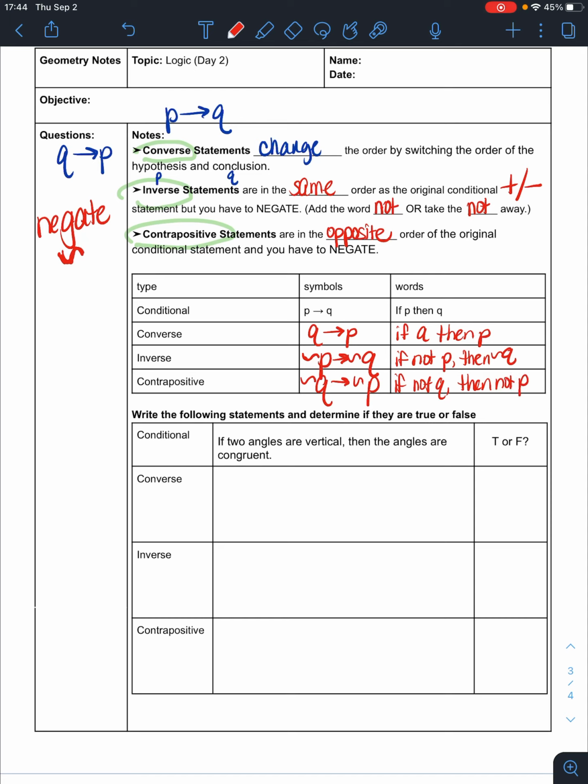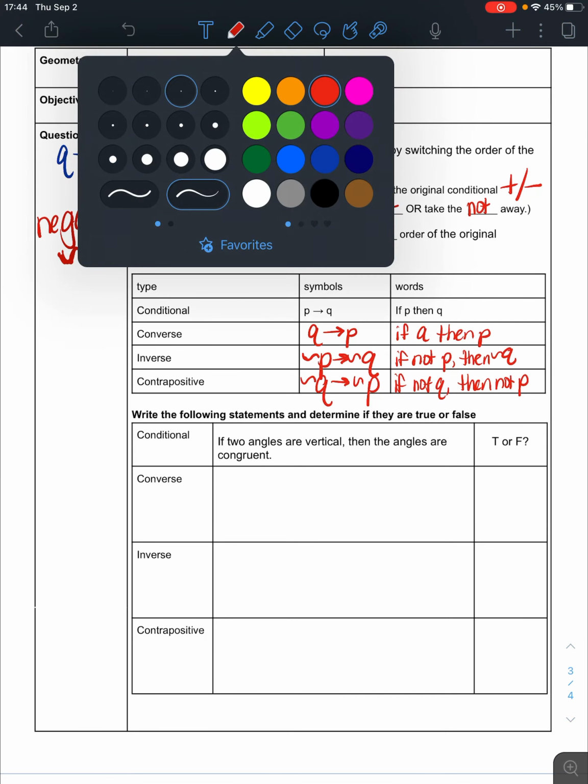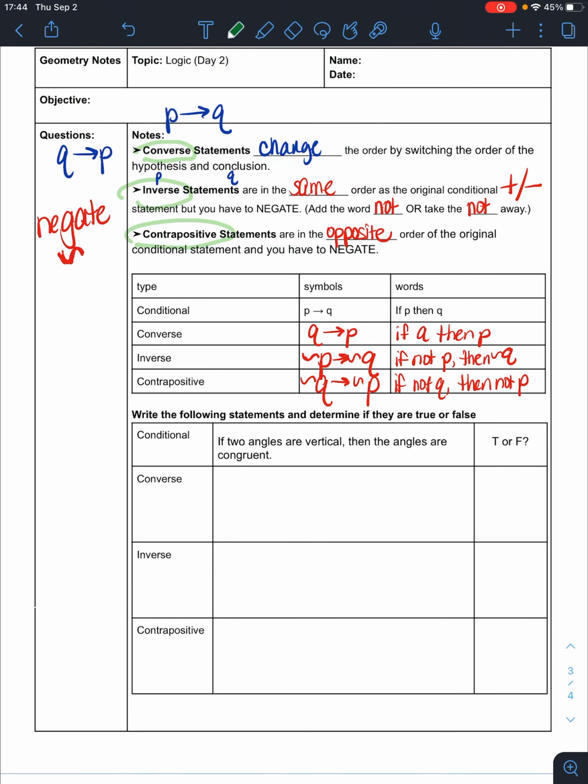Now, here's a helpful hint because we're going to talk about truth values. Here's the thing you might want to remember: converses and inverses have the same truth values, and conditionals and contrapositives have the same truth values. The reason that is useful is because sometimes it's hard to tell with an inverse or a contrapositive whether it's true or false.